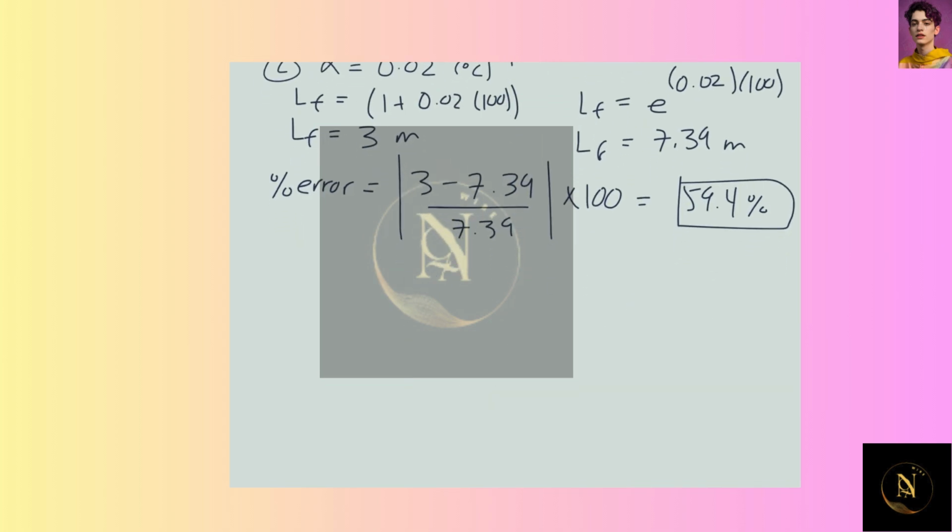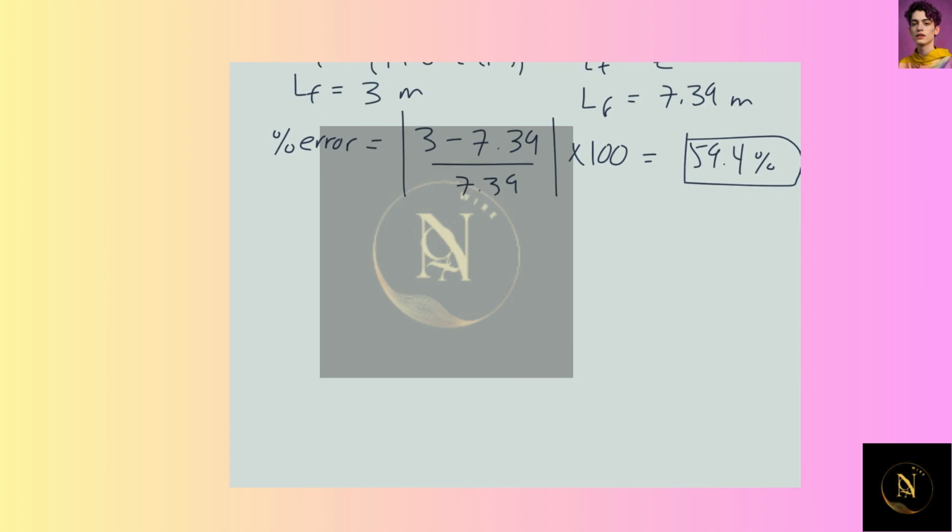Now, part D asks us to redo a question we've already done, but I will tell you some key difference you should keep in mind. Just like how we solved it before, our final volume equation will become volume initial times e to the beta delta T, or volume initial times e to the 3 alpha delta T, using the same steps as before.